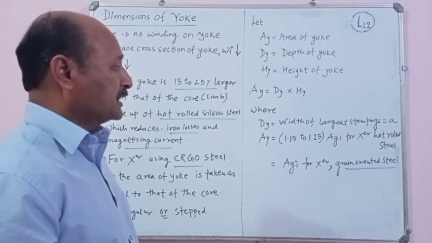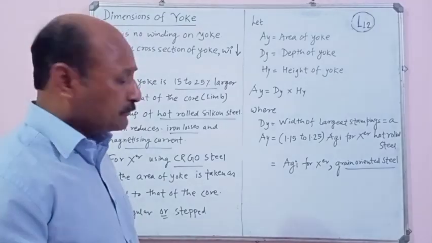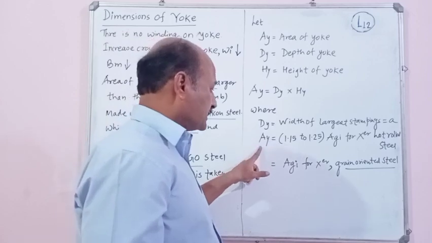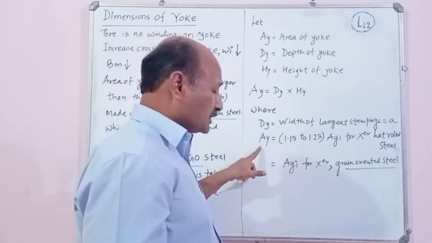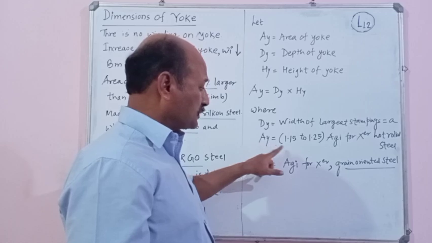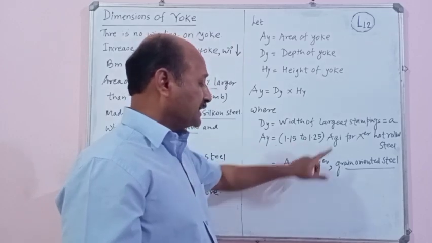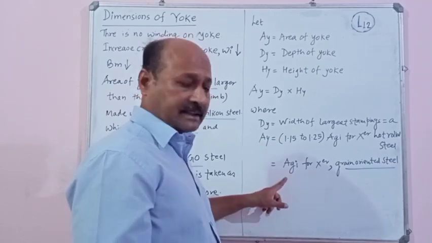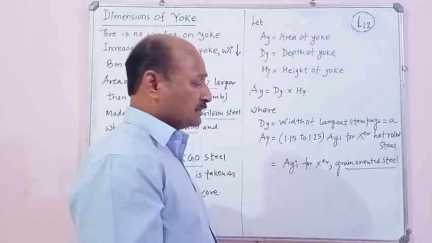So depending upon the type of material used for the yoke, the AY varies. If hot rolled steel is used, then AY equals 1.15 to 1.25 of AGI. If grain oriented steel is used, then AY equals AGI.